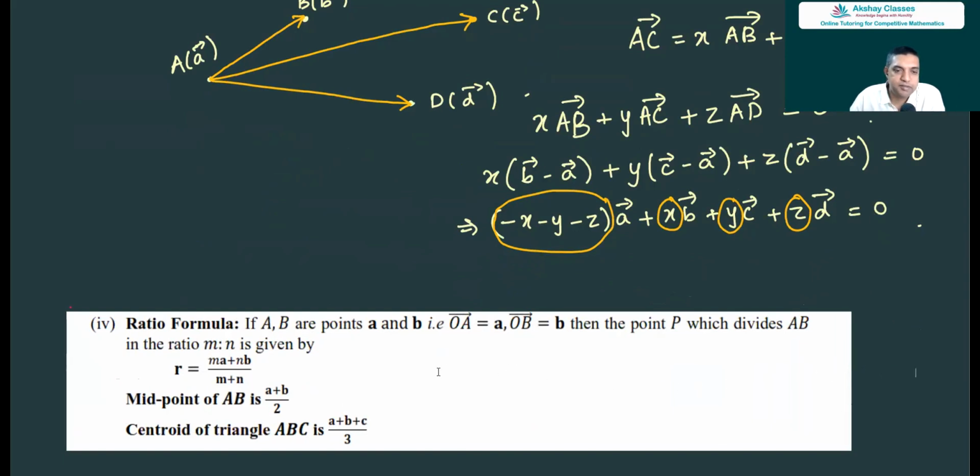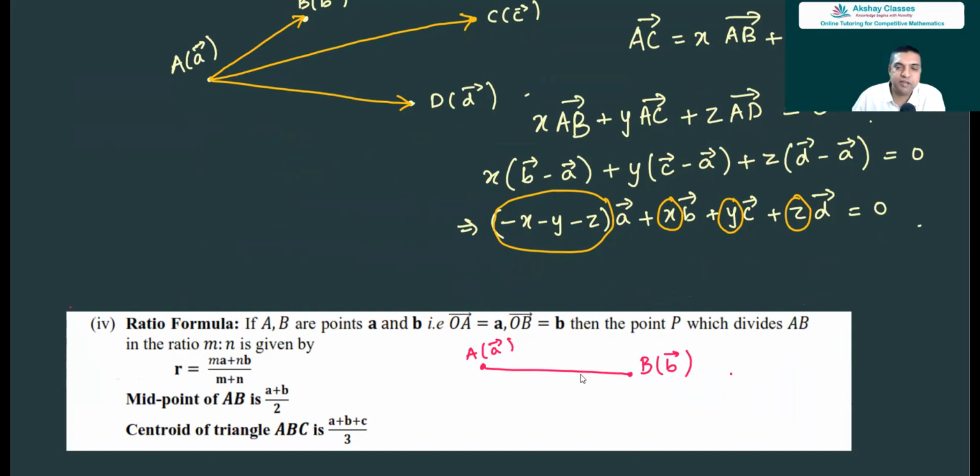So the ratio formula: there is a line joining 2 points, A and B. A has position vector A bar, B has position vector B bar.